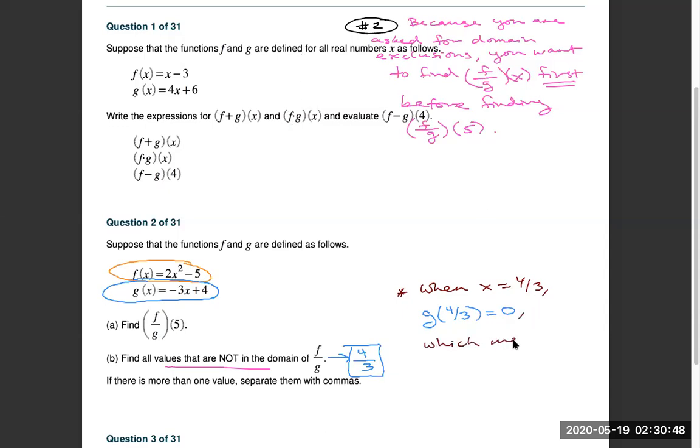Which means f divided by g of x will equal your function f of x divided by 0.